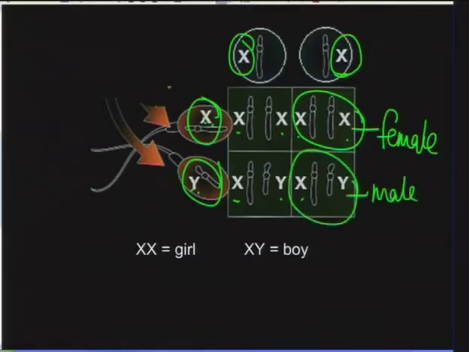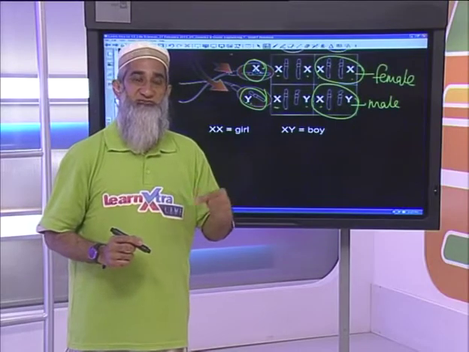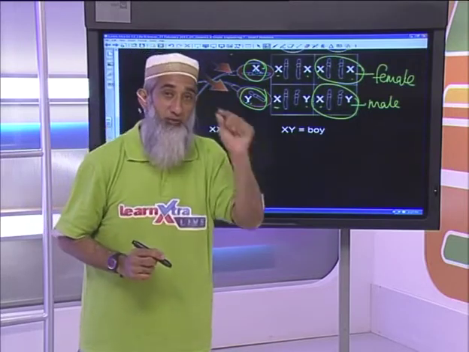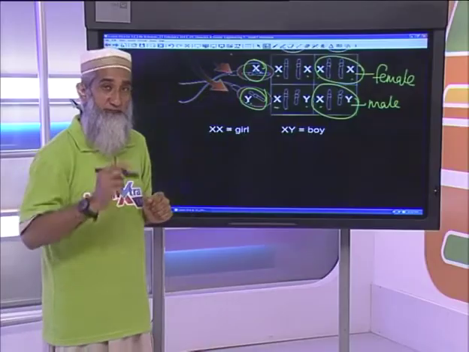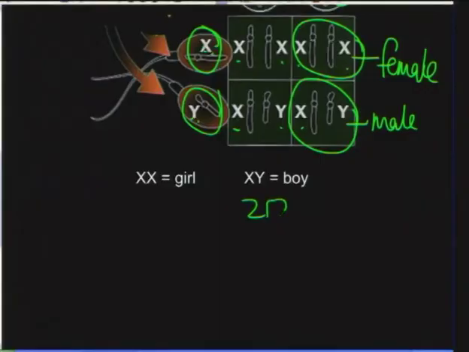So according to this, guys, what are the ratios that we are looking at every time fertilization takes place? What are the probable, note the word, the probable ratios? The probable ratios according to this is 2:2, or rather, made simpler, 1:1. Or we can say 50% to 50%.